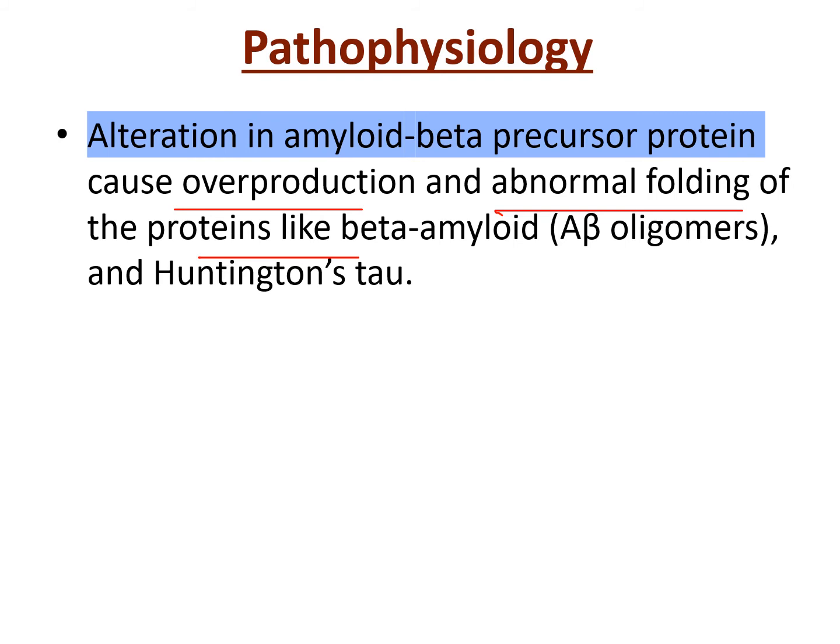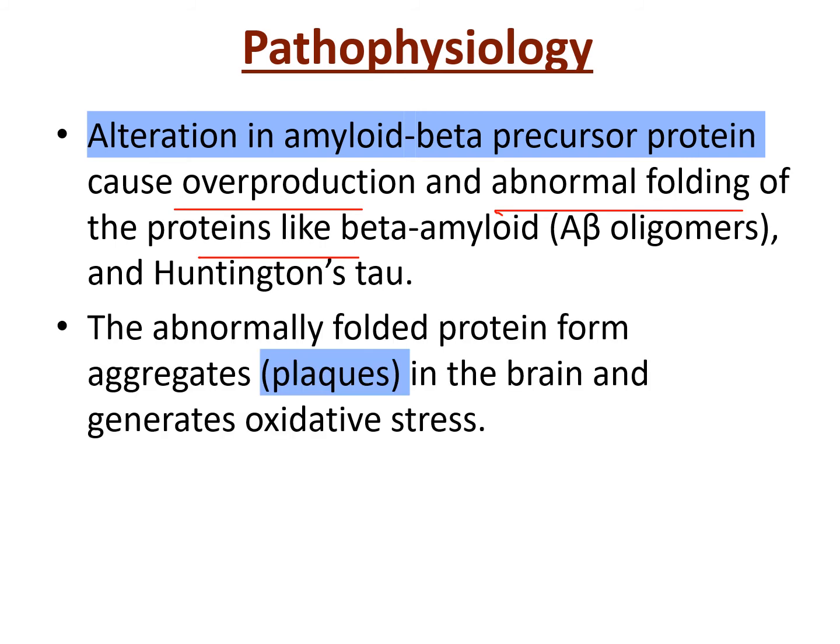So the proteins that are mainly involved in this disease are amyloid beta precursor protein, and mainly beta amyloid and tau protein. Abnormally folded proteins form aggregates, and we call these aggregates plaques in the brain, and they generate oxidative stress.